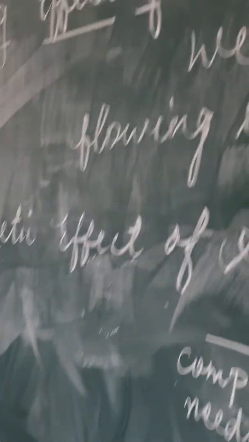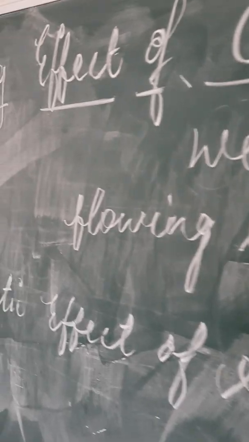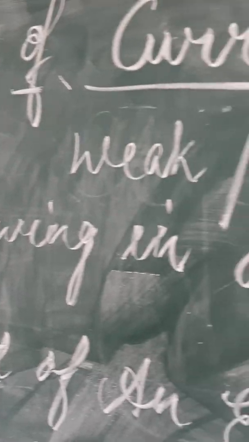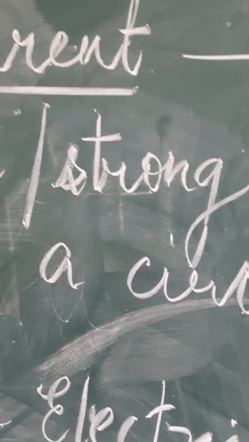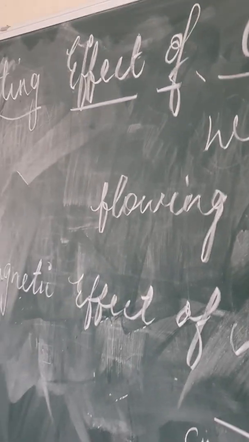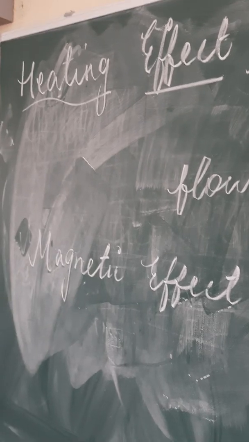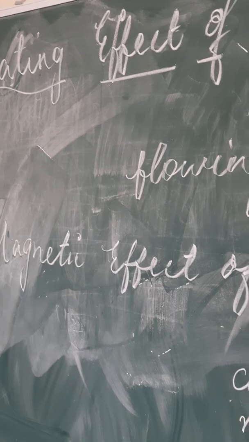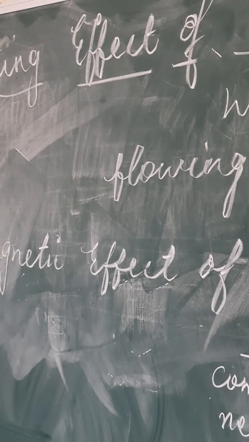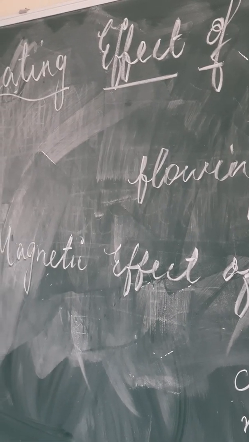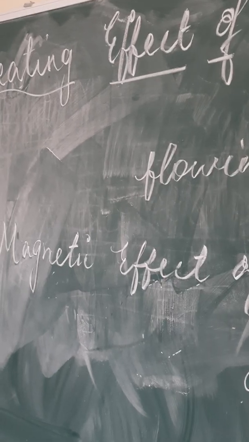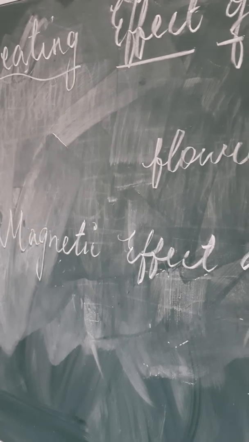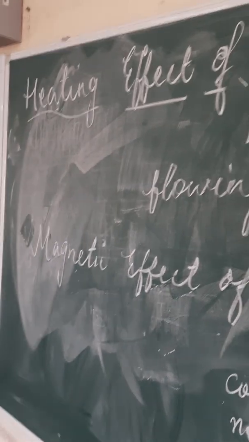If you go through activity 14.2, it is written over there, heating effect of current. Through this heating effect only, the bulb starts glowing to indicate that the filament in the bulb has heated, and we can see the heating effect of current.